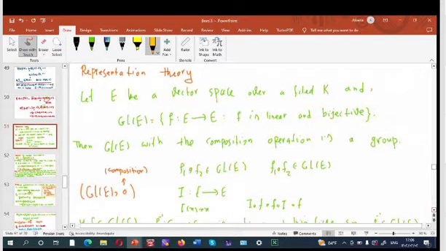So we can write this with another notation, okay?